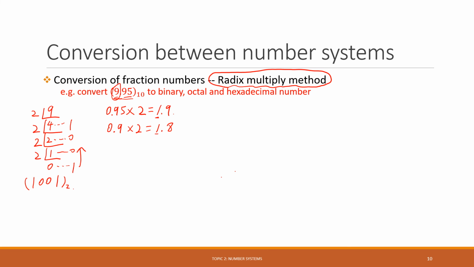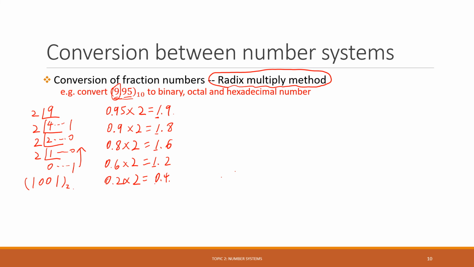Again, ignore the whole number, just take the fraction. So we got 1.6. Do the same. So we got 0.6 by 2, we got 1.2. Do it again. So 0.2 by 2, we got 0.4.